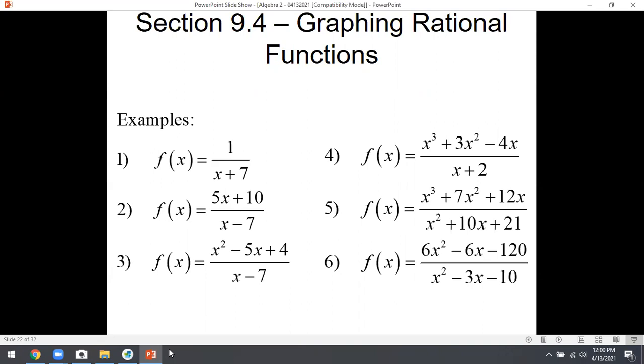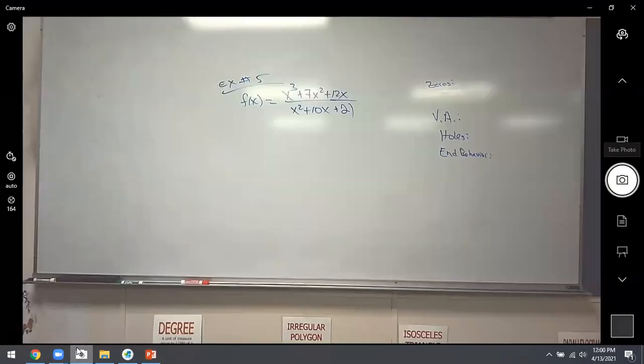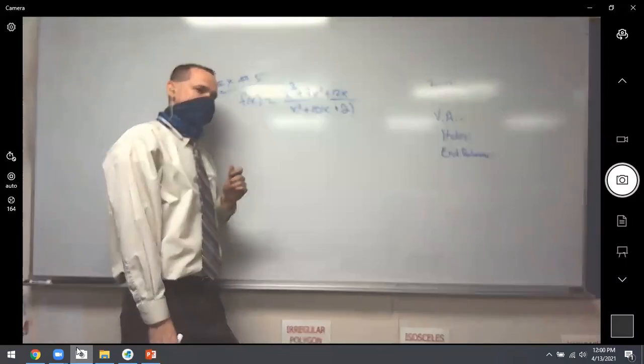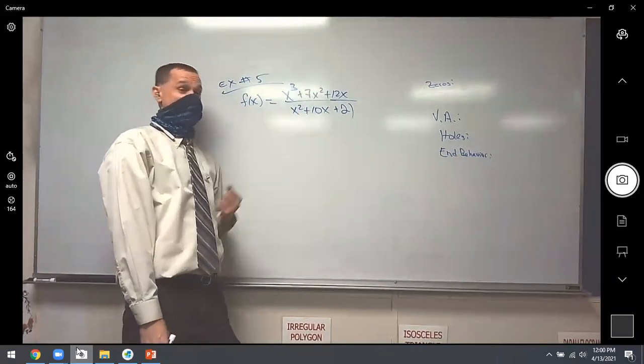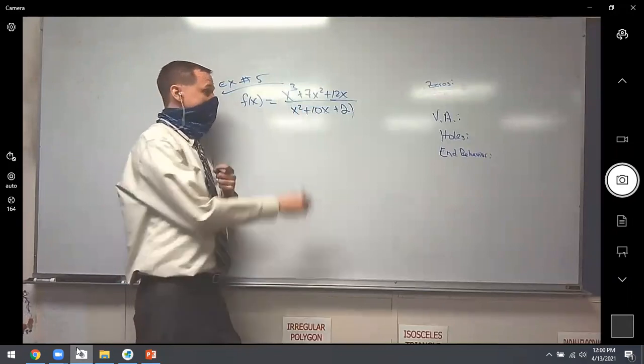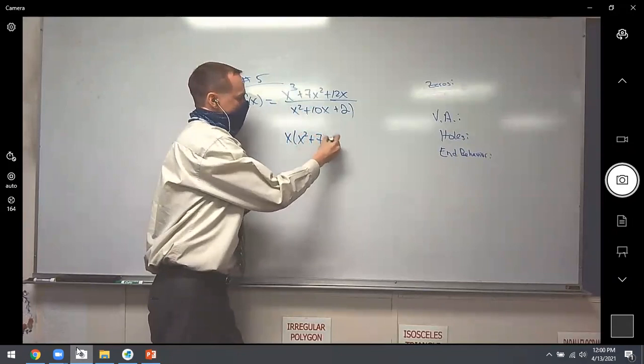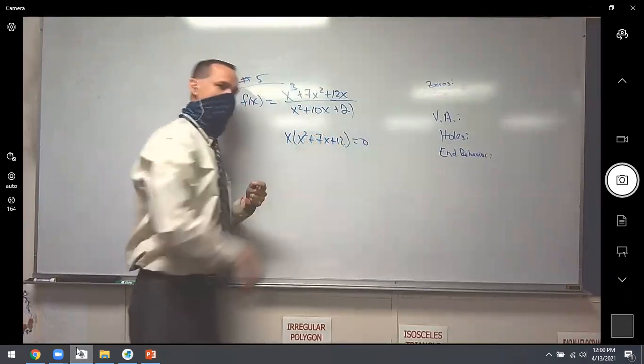So here we go again. Where do zeros always happen? When the top is equal to 0, right? Okay. Can we factor that top any? I see an x that goes into everything, correct? So let's start working on when the top is 0. If you take an x out, so far it's factored like this.